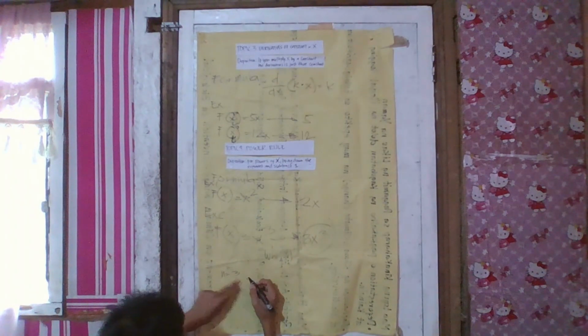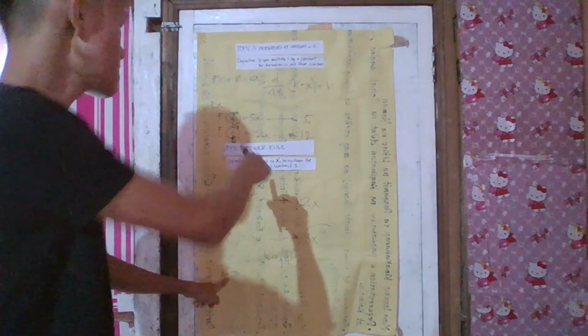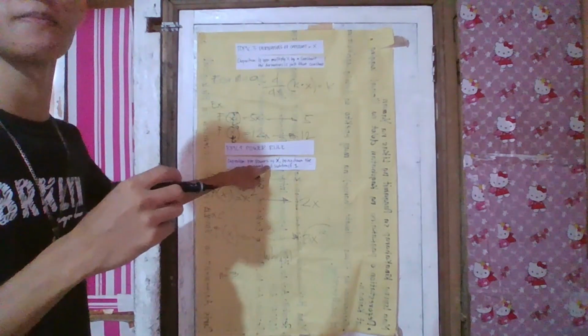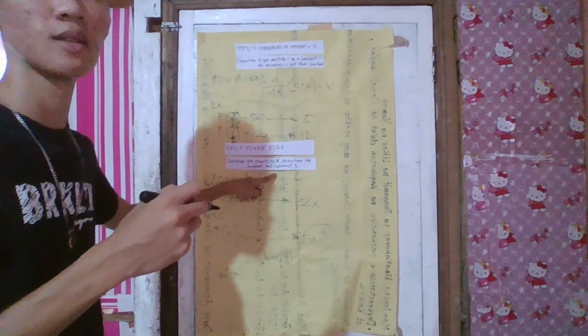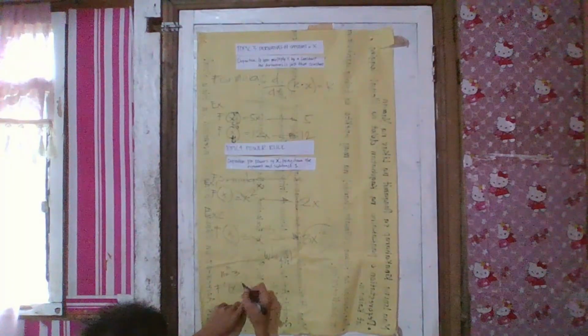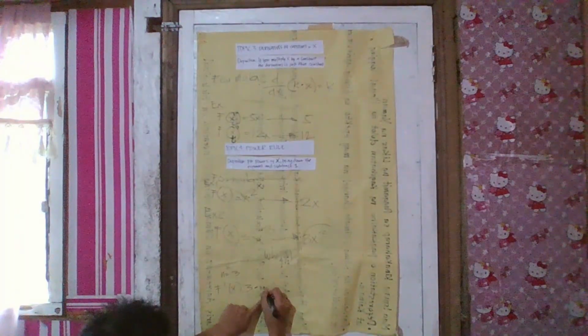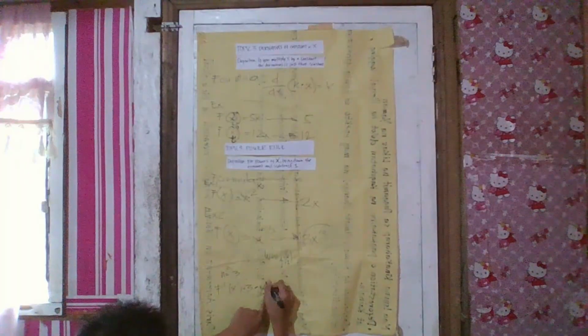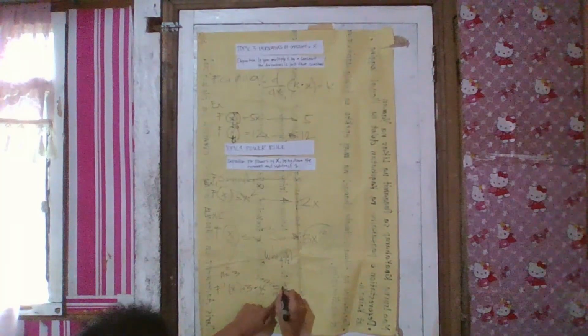The exponent n is 3. The rule here says that for the power of x, bring down the exponent and subtract 1. That's why f of x, with 3 as the exponent, times x cubed is equal to 3x, minus 1.